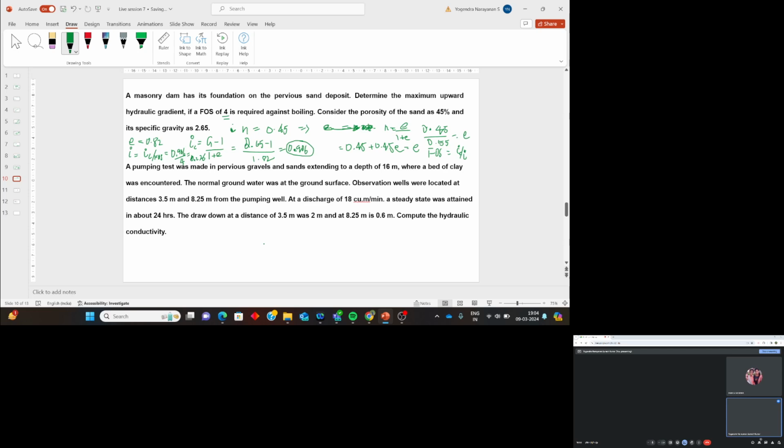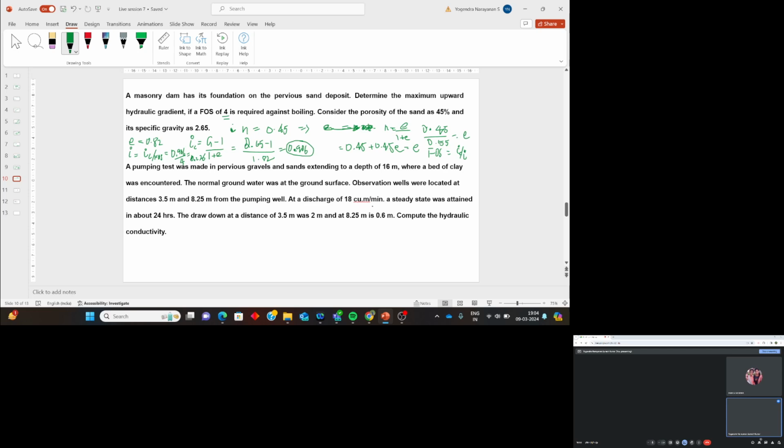Okay, let us move to the next problem. A pumping test was made in pervious gravels and sand extending up to a depth of 16 meters where a bed of clay was encountered. The normal groundwater was at the ground surface. Observation wells were located at distances 3.5 meters and 8.25 meters from the pumping well.